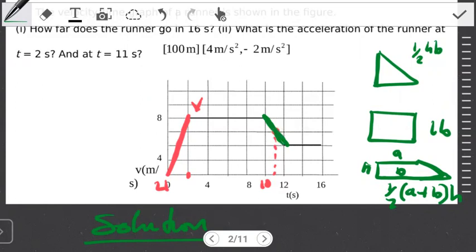So how do we get the gradient at that point, or the acceleration? In this case, the initial is here, and it is 8 meters per second. The final is at 12 seconds. In that final, if you look at it, it is 4 meters per second. The change occurs in a time interval from 10 to 12, meaning it happens in 2 seconds.